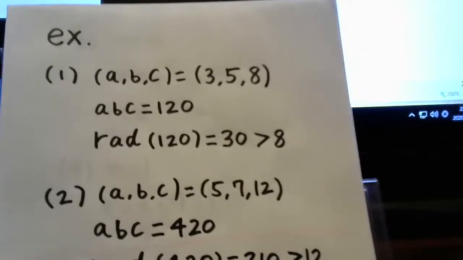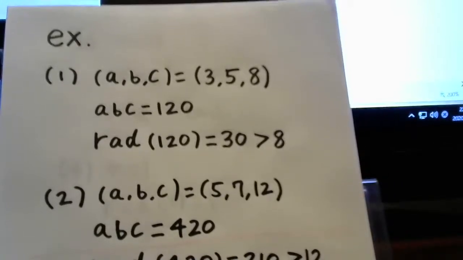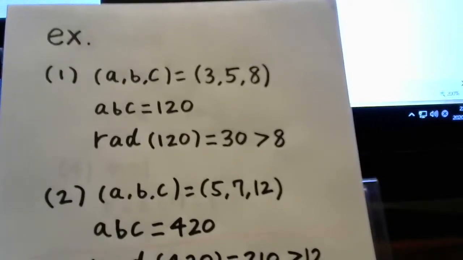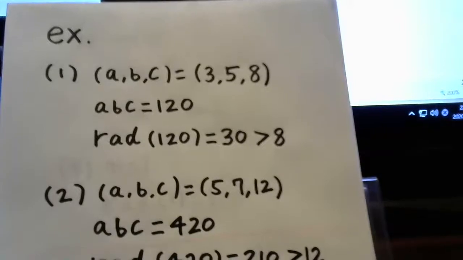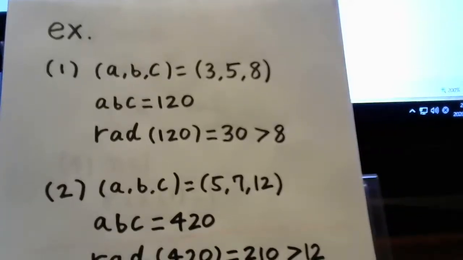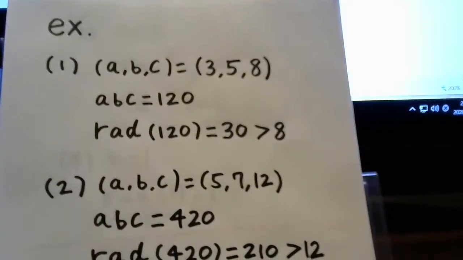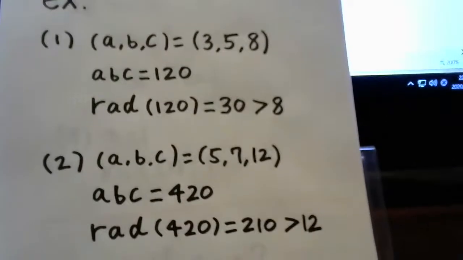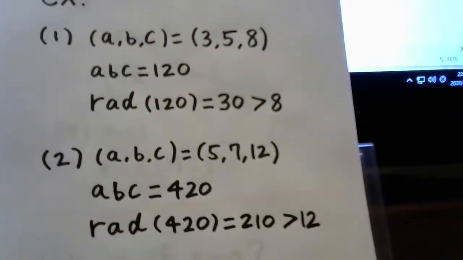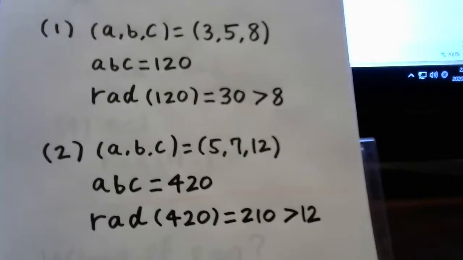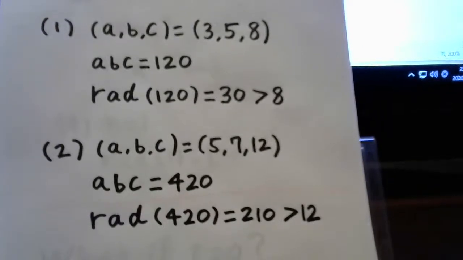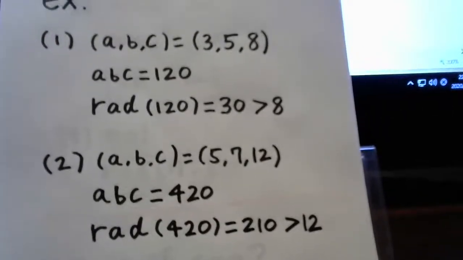And the next one, abc equal to 5712. Then abc equal to 420. And radical of 420 is 210, which is greater than 12. So it holds. Okay.